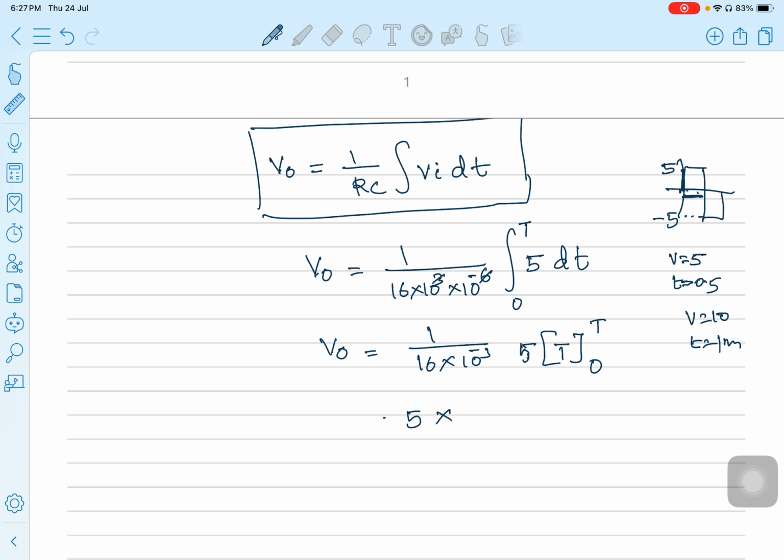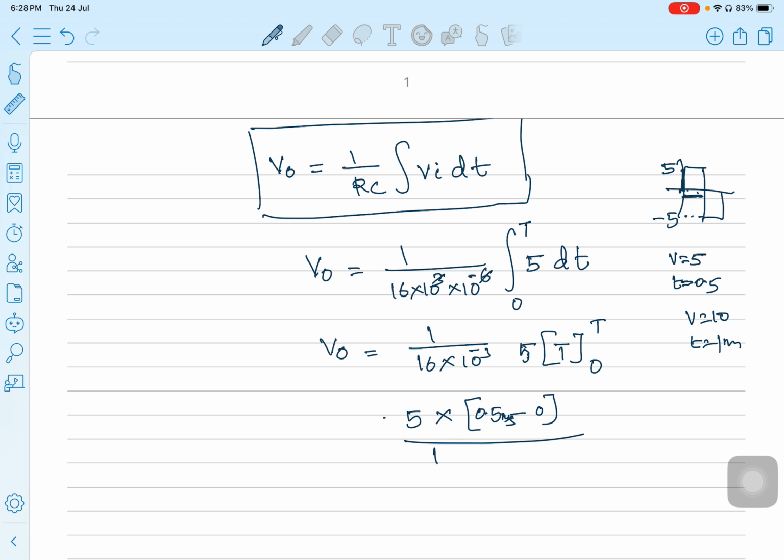So if it is half of the cycle, I can write T equal to 0.5 minus the next time period equal to 0. You will get it like this. Since it is 0.5 milliseconds, milliseconds means 10 power minus 3.